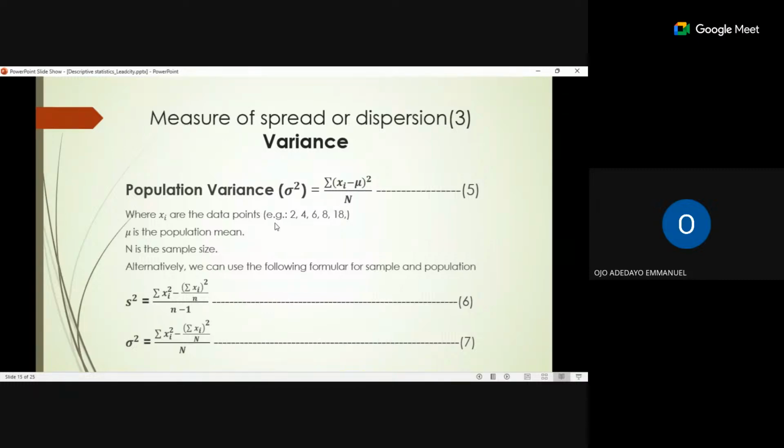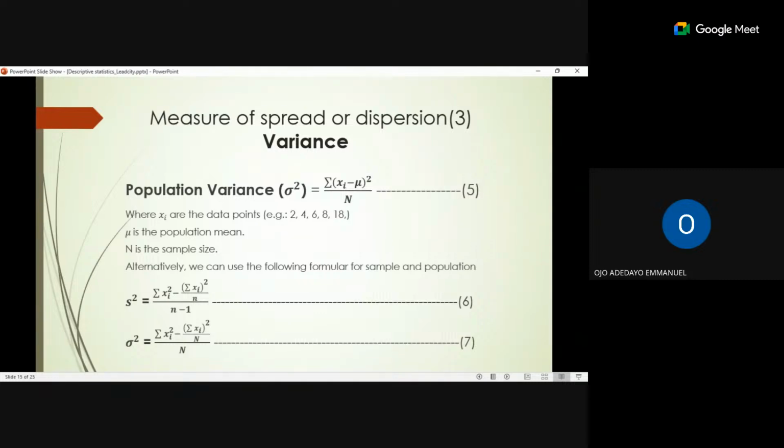Now, another thing that you have to check is this. Please note this. If your examiner asks you to assume that this particular sample that you have is a population, irrespective of sample size, whether it is less than 30 or greater than 30, we will take it as population. You will divide it by n. Let me take it again.